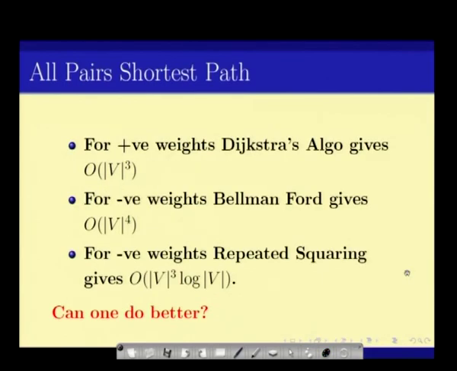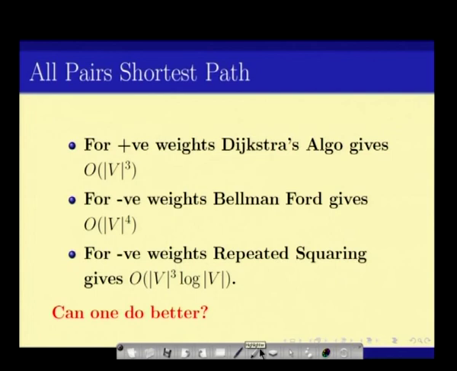So, in other words, to find the all pair shortest path for positive edge weights, we have Dijkstra's algorithm that gives us the all pair shortest path in order V cube steps. Bellman-Ford gives us the all pair shortest path even when there are negative edge weights using V to the power 4, and this algorithm, known as the repeated squaring algorithm, takes order V cube log V steps.